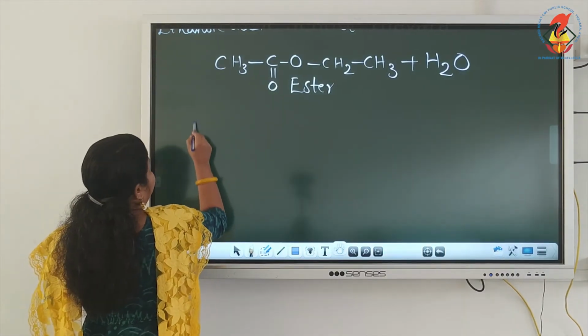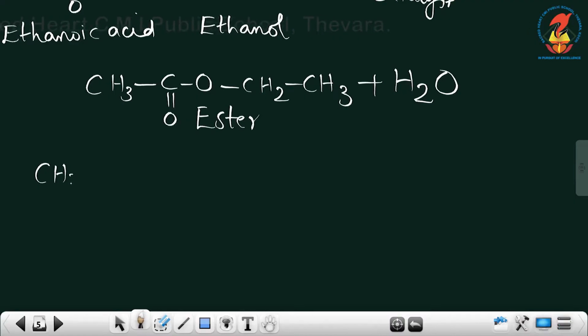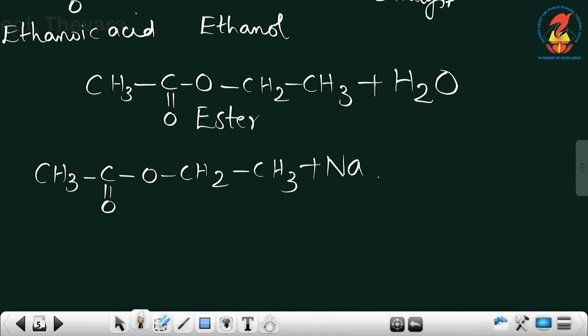Now, this ester that we got, CH3COOCH2CH3, when it is treated with sodium hydroxide, what happens is the bond breaks here. When sodium hydroxide is added here, the bond will break.